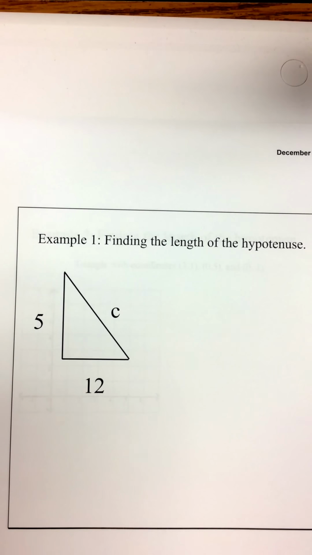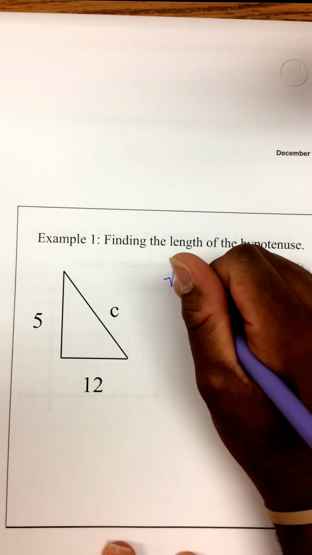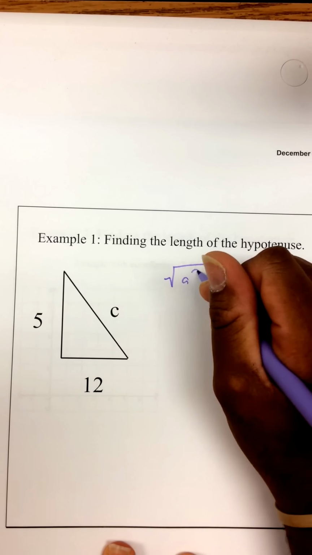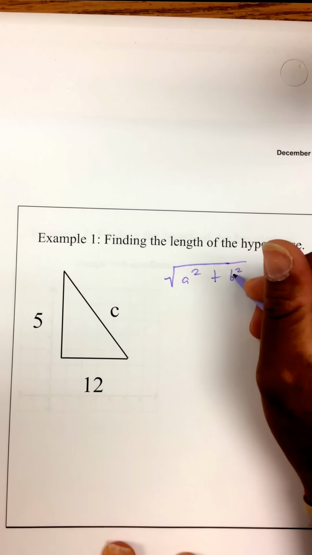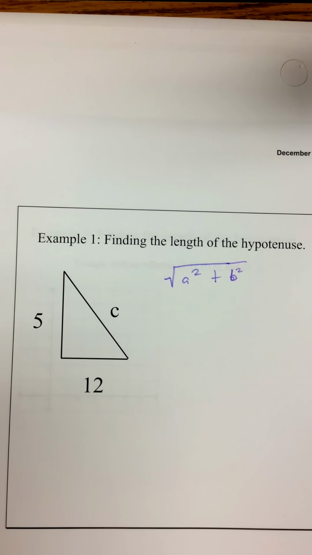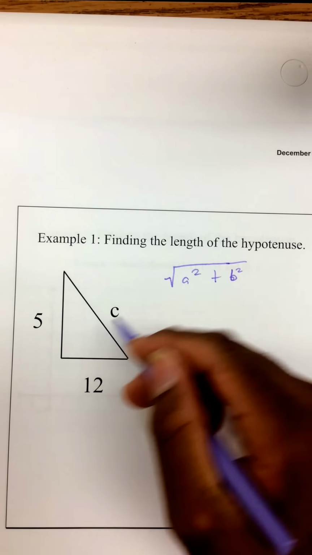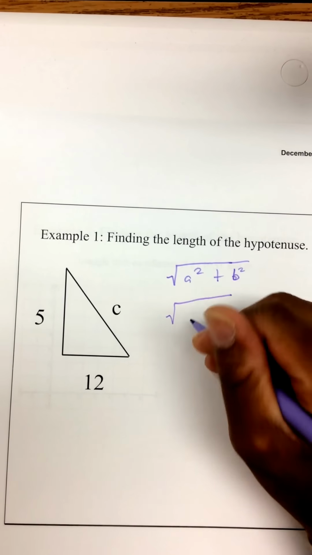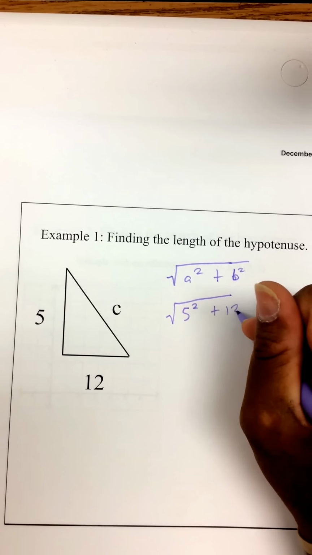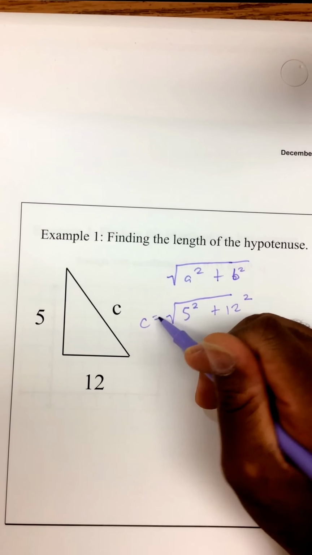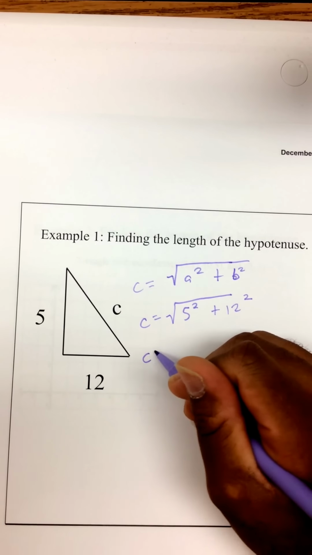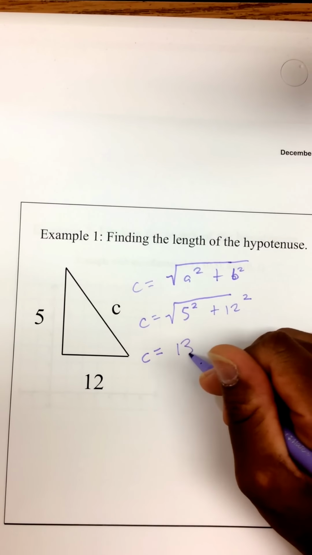Okay? So sometimes various questions will ask you specifically for the hypotenuse. So this is the formula that we use whenever we're trying to find the hypotenuse: you do the square root of A squared plus B squared. Most of you guys are using the TI Inspire. So if I put this in here, I do 5 squared plus 12 squared, and I see that my final answer will be 13.